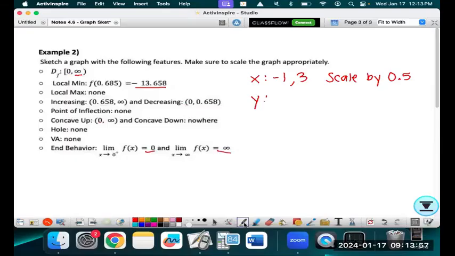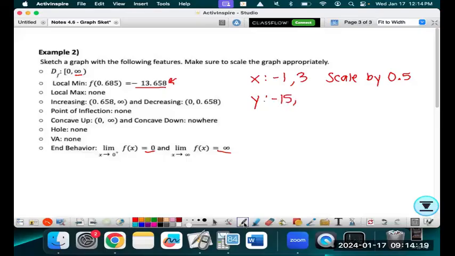Okay. So I'm thinking maybe negative, considering this is from a local min and I'm not going very much lower than that, everything else seems to be positive. I think I can just go to -15 as my lowest one. I really don't need to go too much lower than a minimum.